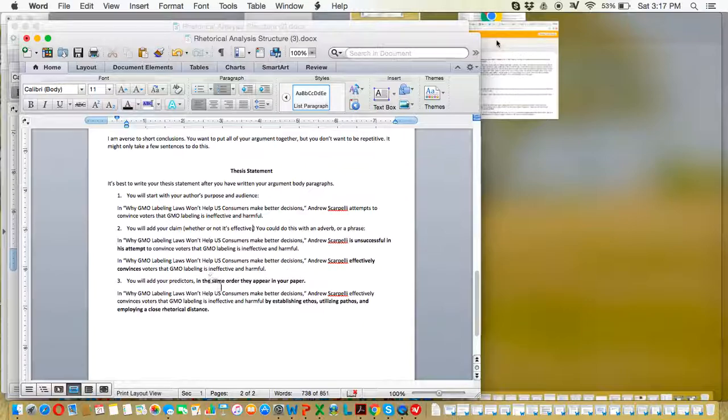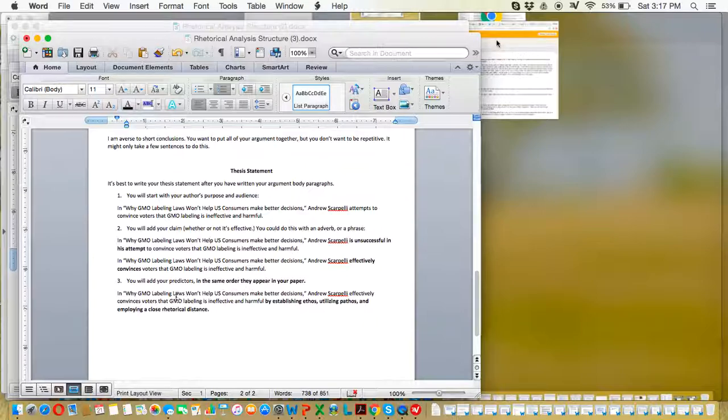So then you add your predictors. Now these predictors will predict where your essay is going. So if your first paragraph is on ethos and your second paragraph is on enthymemes and your third paragraph is on rhetorical distance, you'll say it in that order, right?